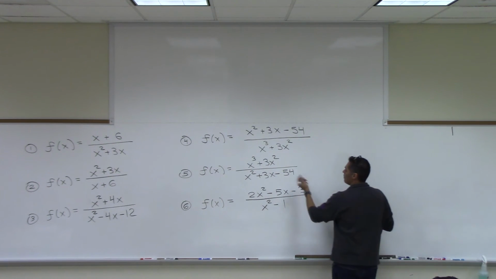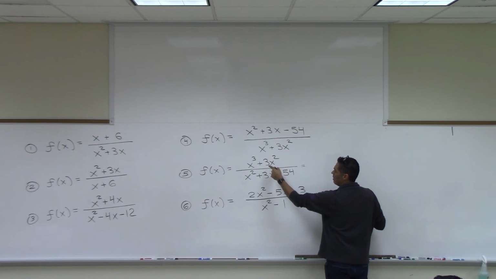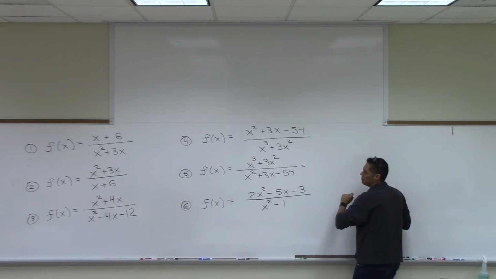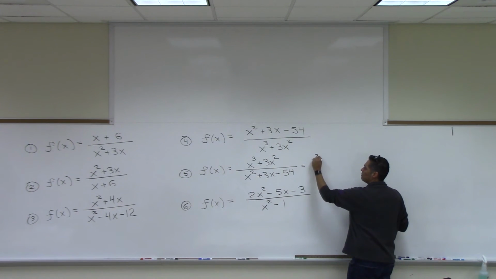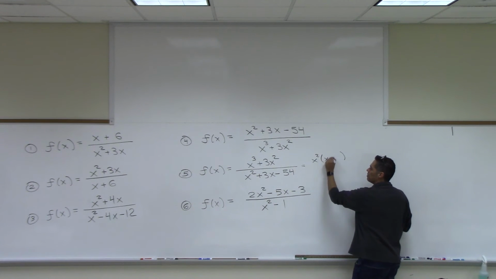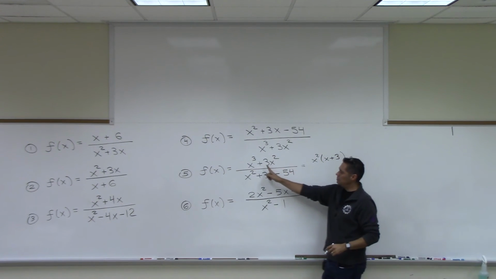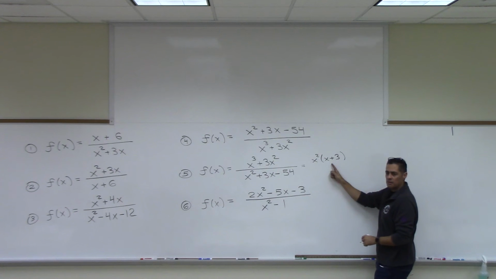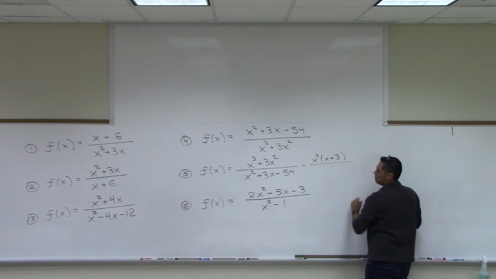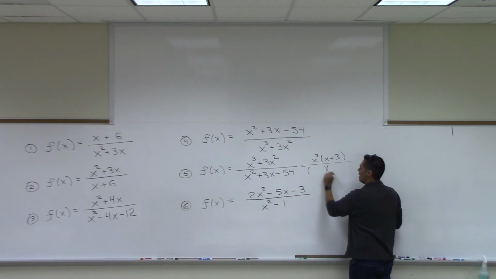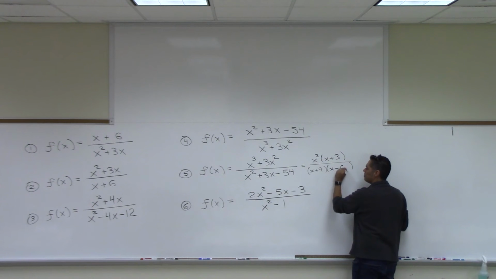So let's say we factor this, right? Do y'all want to factor this with me real quick? Save you some time on your homework. How can you factor the top of that? Pull x squared out, left with x plus 3. That's the top factor. Can't do anything more with that. On the bottom, this quadratic should break down to x plus 9 times x minus 6.